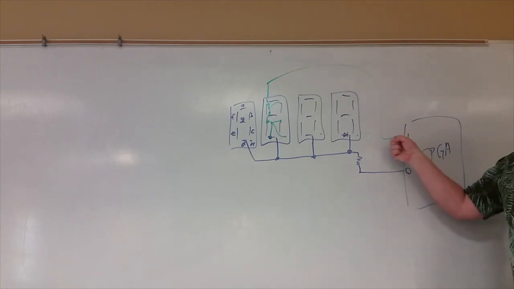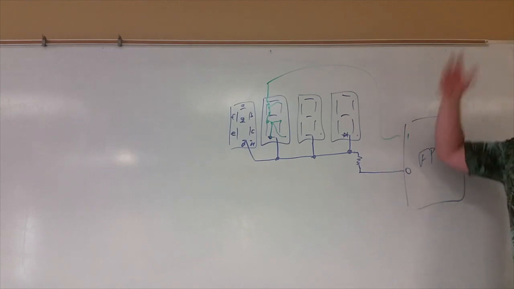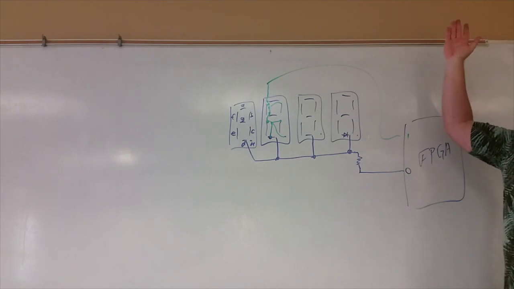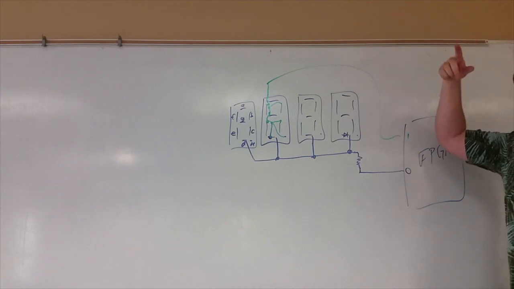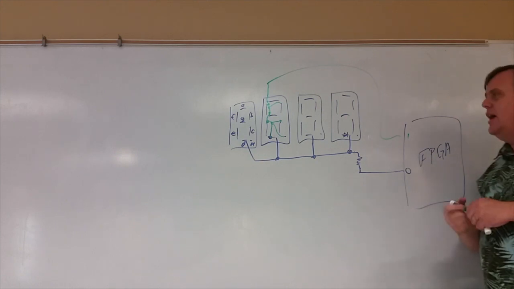So let me try one more time because I want 100%. How many people say I can do this? How many say I cannot do this? Okay, I cannot do this. Why? Okay, I need a resistor.